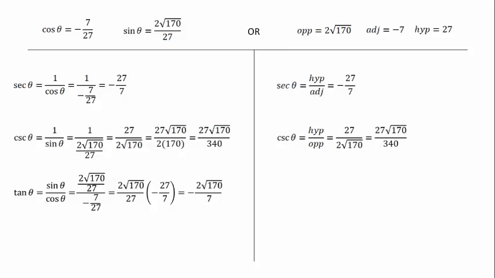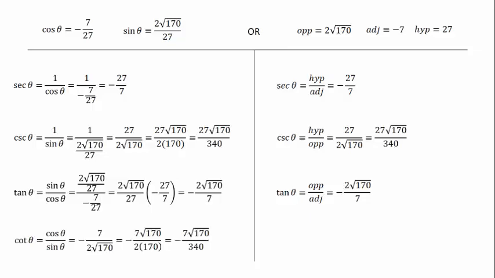And that should make sense, it's a negative, because remember, theta lives in the second quadrant. Tangent's always negative in the second quadrant. An alternate way of doing it, which looks a little bit easier actually, is tangent of theta is defined to be opposite over adjacent. Plug those straight in and we're done. That one was a little bit easier.